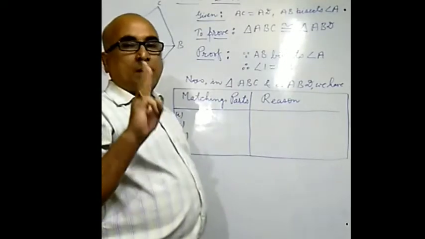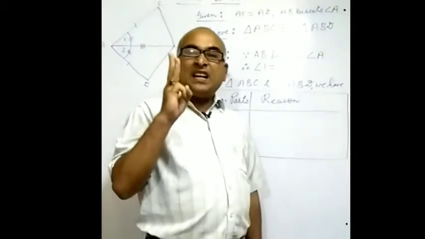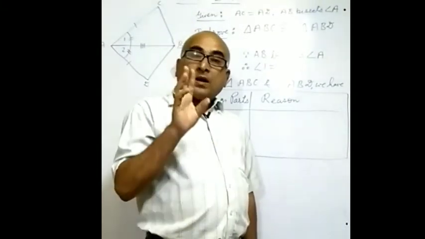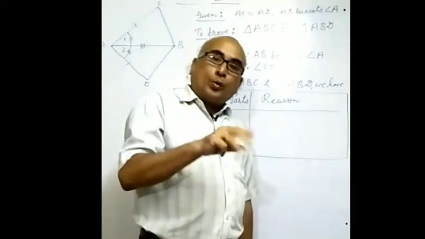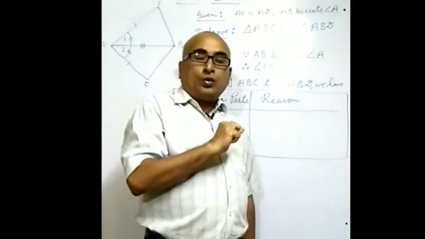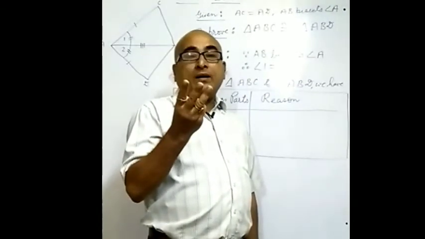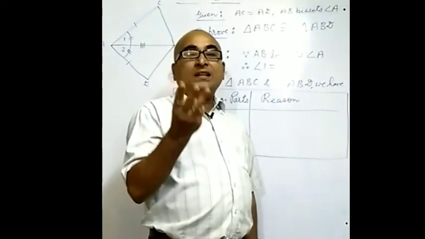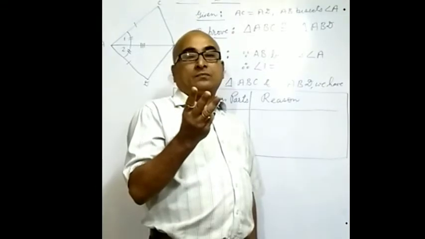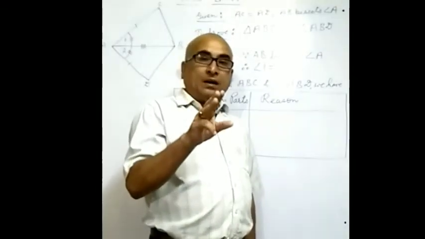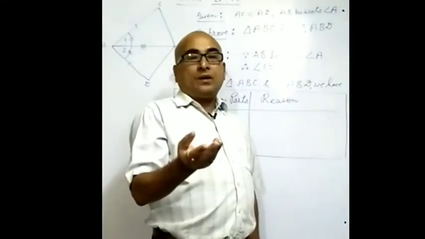On the basis of 3 matching parts that must be solid, we can say that upper triangle is congruent to lower triangle. So, what criteria is required? We require a combination of side, then angle, then side. How is it?